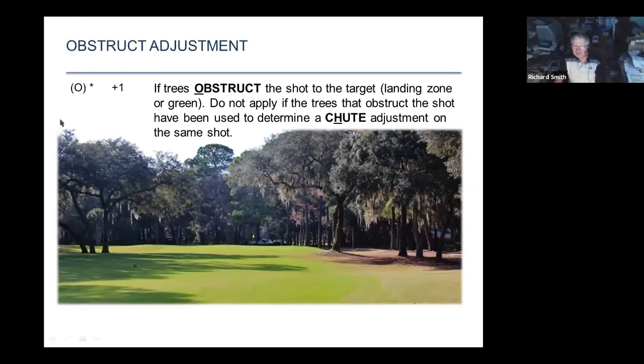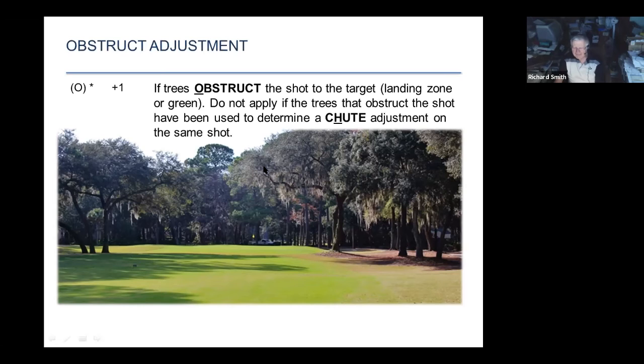The obstruction: if a tree obstructs the shot to the target, either landing zone or green, except if that shot has already been used in a shoot adjustment on that same shot. But you can see here in the picture, there's a green, there's its flag, but some parts of the green would be obstructed by these trees.